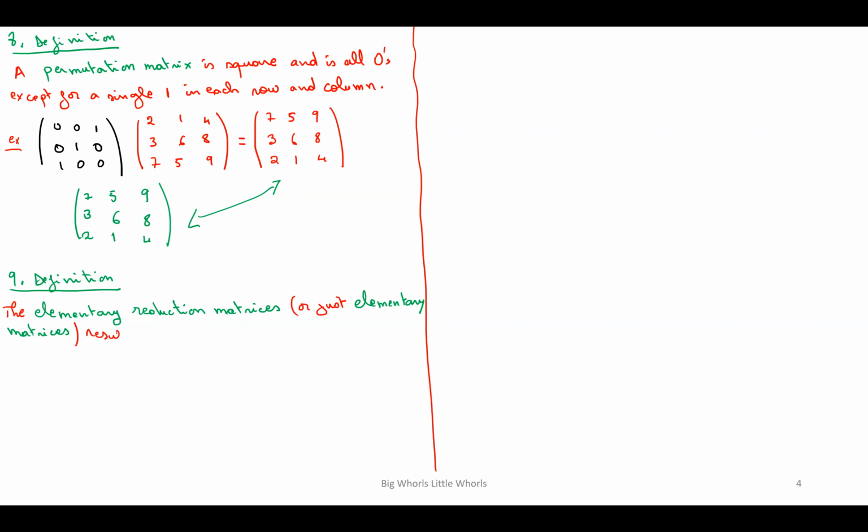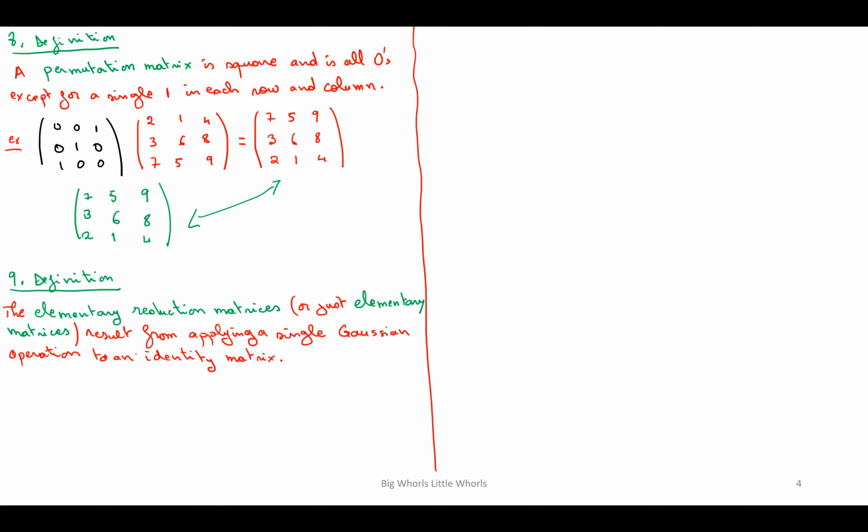It results from applying a single Gaussian operation to an identity matrix.